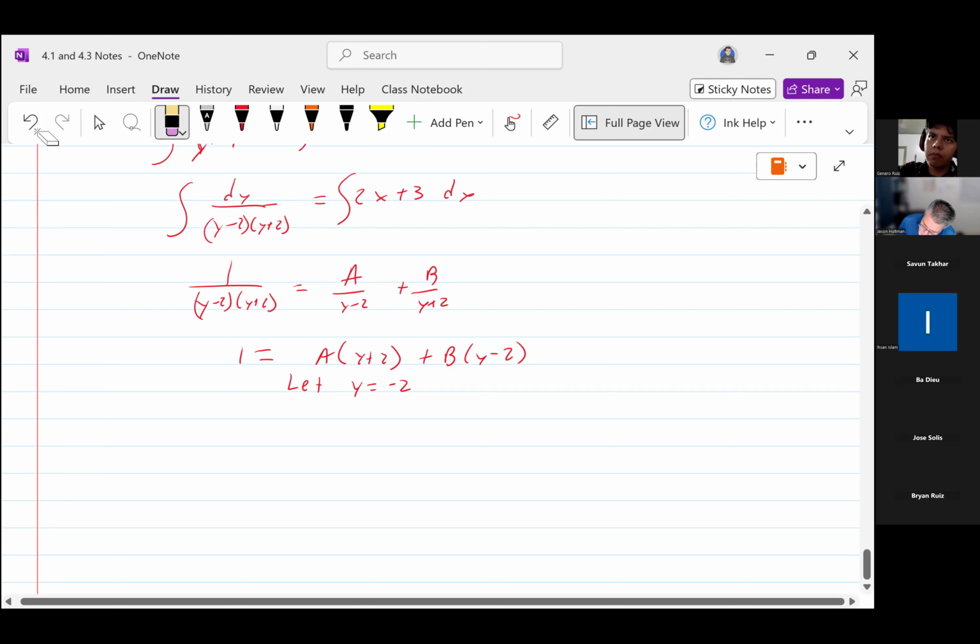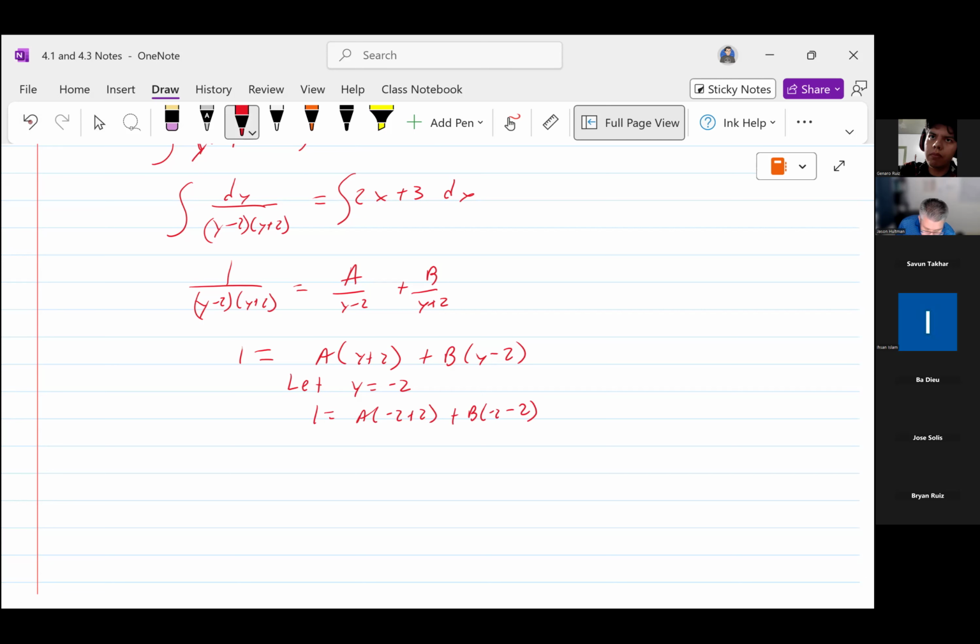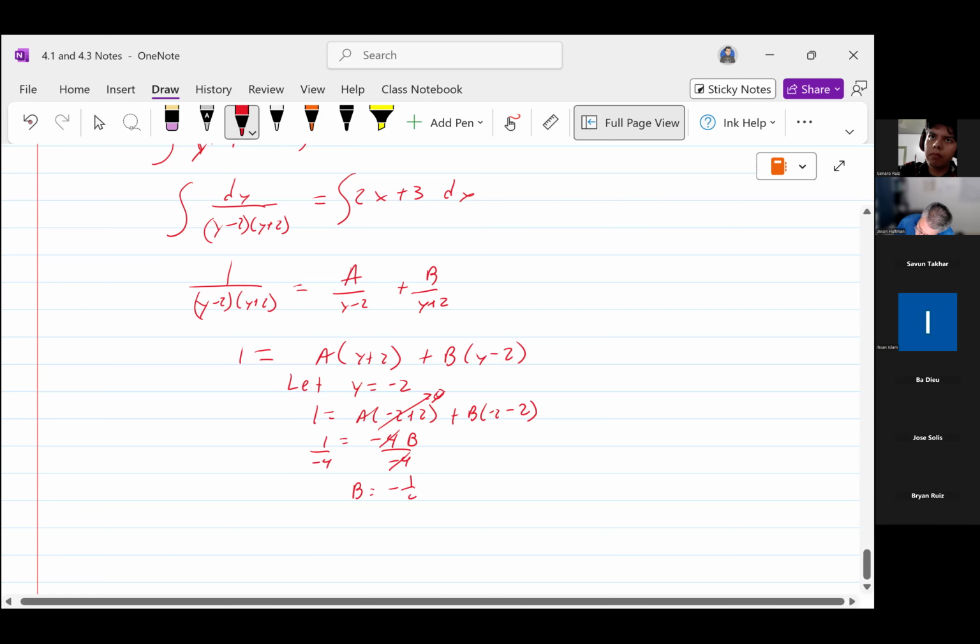I'm trying not to skip steps here. 1 is equal to A times -2 plus 2 plus B times -2 minus 2. This goes to 0. And then we have 1 is equal to -4B, divided by -4. B is equal to -1/4.